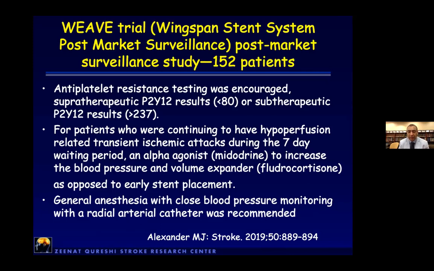You have these platelet aggregometers, so you test to make sure the clopidogrel you have started is fully therapeutic before doing the procedure. At least 7 days had elapsed between the initial ischemic event and the stent placement, and general anesthesia was used on all patients. In the SAMMPRIS, you could use local or general anesthesia. This time, everybody needs general anesthesia.